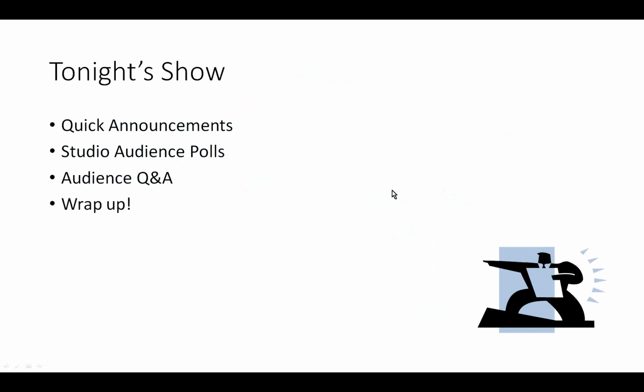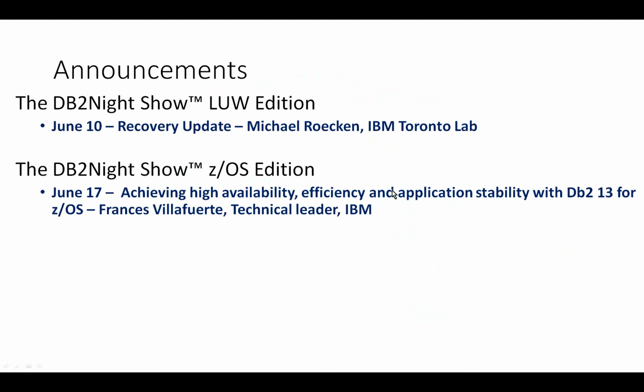All right, other quick announcements. We have 2 more shows left for this season 13 of the DB2Night Show. Next is our DB2 LUW show with Michael Rorken of the IBM Toronto Lab, and the working title there is a recovery update, but that includes all the things that have happened with advanced log management and a whole bunch of different things in the recovery area that Michael will share with us.